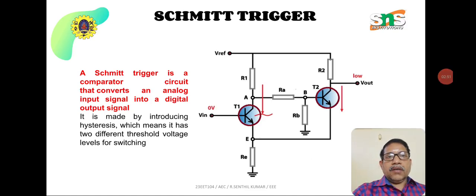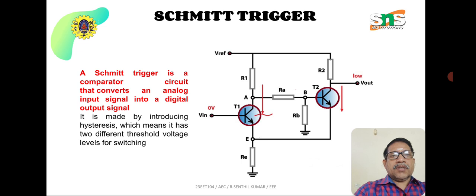Now see here the circuit diagram. As I said, it consists of 2 transistors, T1 and T2, and there are 5 resistors. So this is a simple Schmitt trigger circuit where it converts analog signals into digital signals.